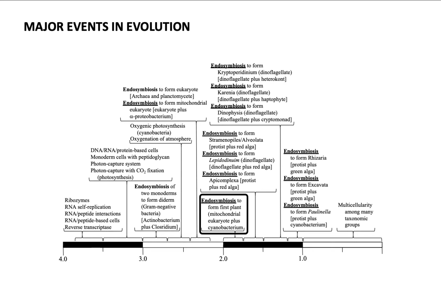And then next is the endosymbiotic event of a cyanobacterium into a eukaryotic cell to become the plastids. And this happened a second time later in Paulinella to form a chromatophore that's like a chloroplast.